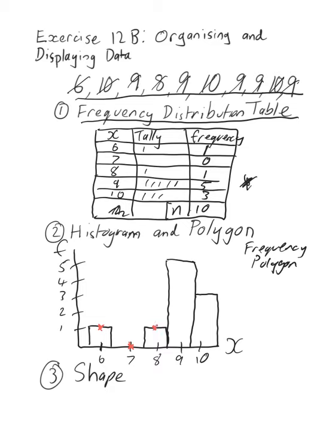If there's a 0, if there's a score with no frequency, don't leave it out. Okay, and then just join. So effectively, it's a line graph. Okay, so you'll be quite often asked to take this sort of data here and turn it into a histogram and frequency polygon.